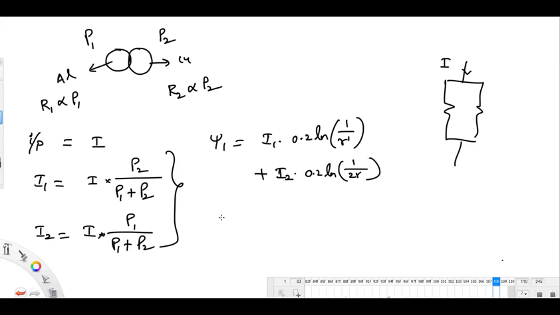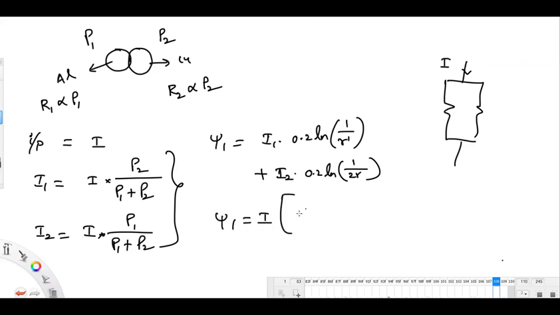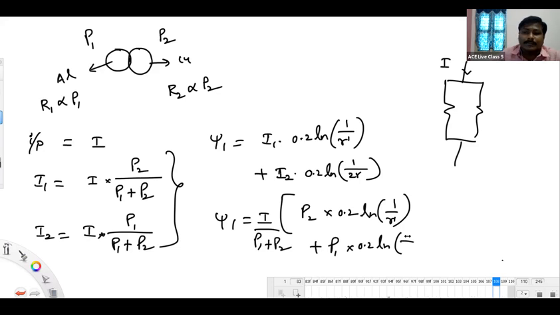And you have to take that I common from this. Psi1 is equal to I into, and you get ρ1 plus ρ2 also common, and you have ρ2 into 0.2 ln of 1 by R dash, first term, plus ρ1 into 0.2 ln of 1 by 2R. And this you have to simplify to get the GMR.